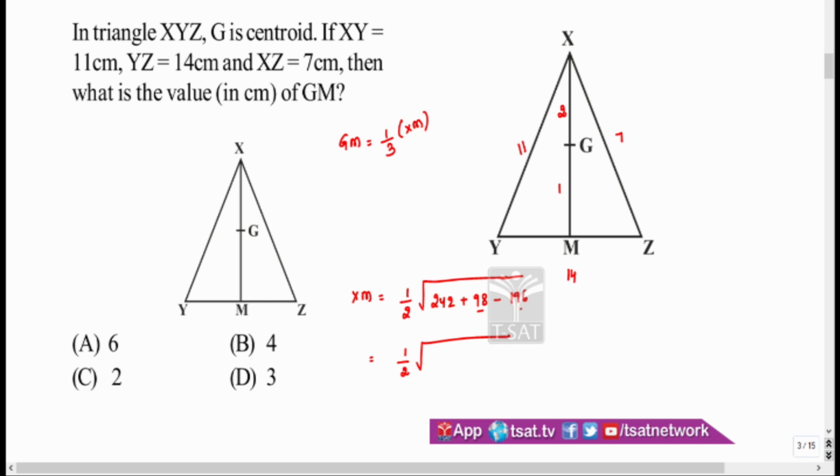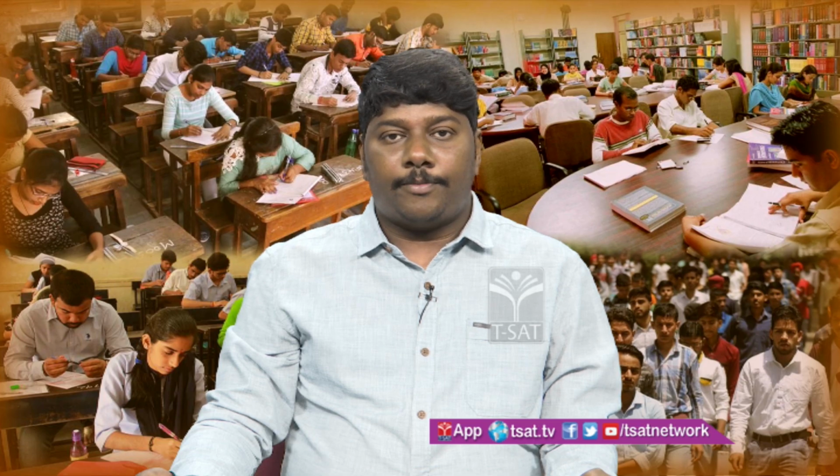So you can say 242 plus 98 is 340, minus 196, it will be 144. So root 144 is 12, and 12 by 2 is equal to 6. Median is 6. You are dividing 6 in the ratio 2:1. Therefore, GM is equal to 1/3 of 6, which is 2.